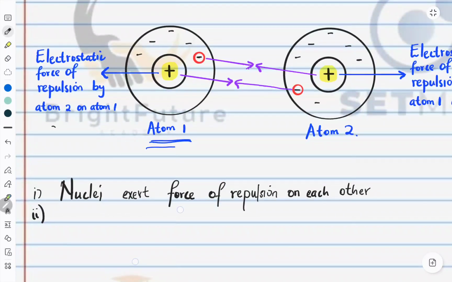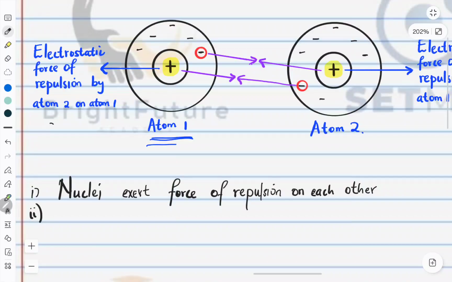Now what will happen as well is the electron cloud of atom 1 will exert an attractive force on the nucleus of atom 2. And the same thing happens: the electron cloud of atom 2 will want to be attracted to the nucleus of atom 1.